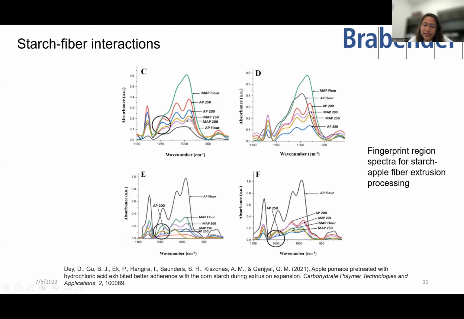Similarly, the authors mentioned that there was a peak here at 1035 wave number, which could show a possible interaction between lignin and cellulose. This interaction was observed in native fiber inclusion, but with acid washed fiber, this peak was not observed.